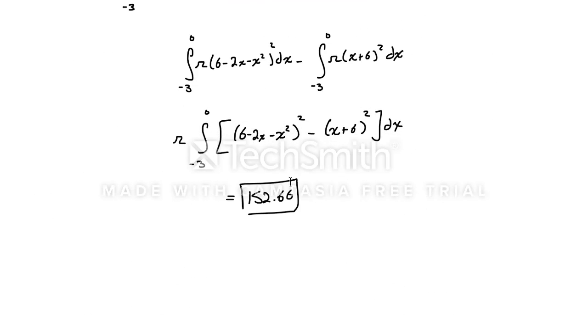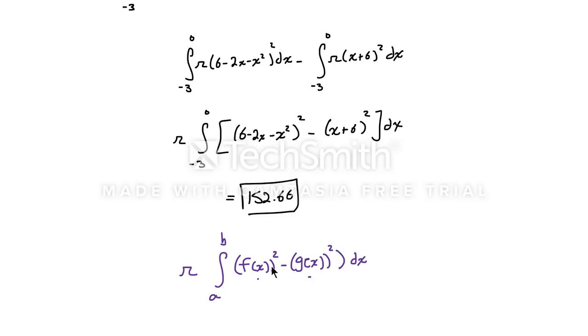But more interesting is the fact that the result can be generalized. In general, the volume of an area bounded by two curves is given by pi times the integral from a to b of (f of x) squared minus (g of x) squared dx.